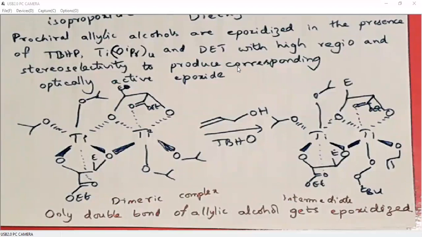If it is homoallylic or even higher analogs, it is not possible to properly place the double bond and oxygen together. So it is difficult for the oxygen transfer to the double bond. You take this, I'll give examples for Sharpless asymmetric epoxidation.